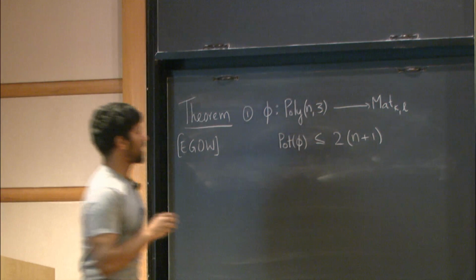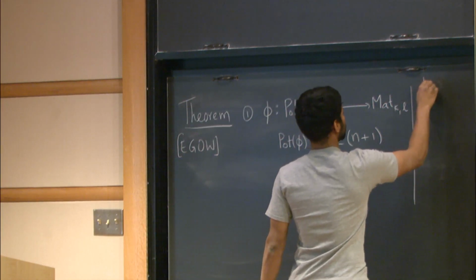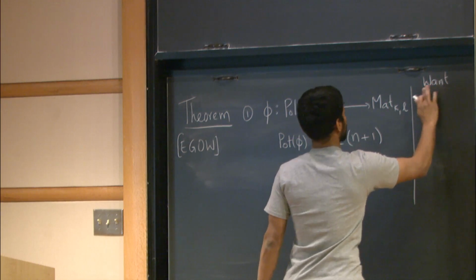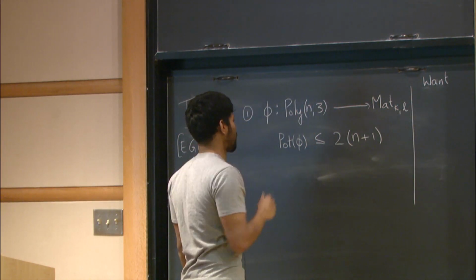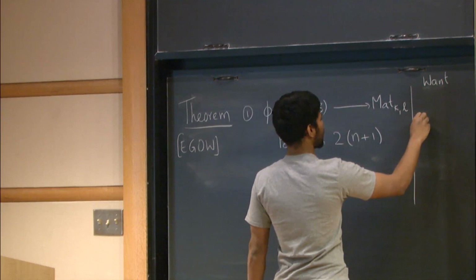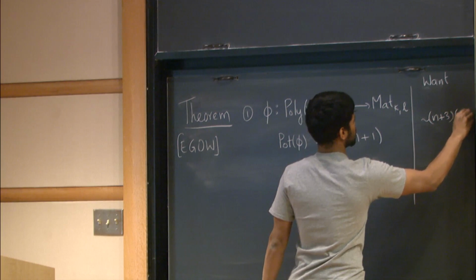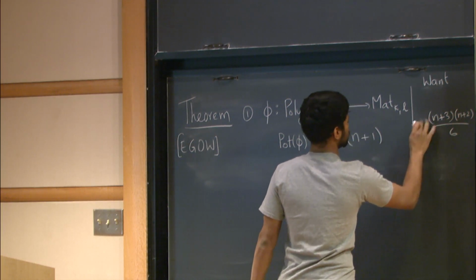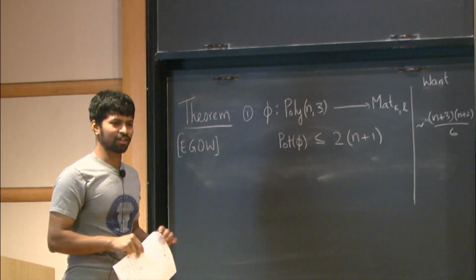I want you to contrast this with what we want, which is that a generic, random degree 3 polynomial in n variables will have rank about (n+3)(n+2)/6. I hope I got the calculation correct.